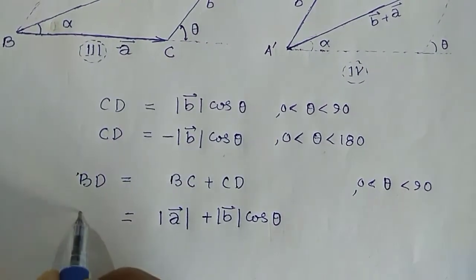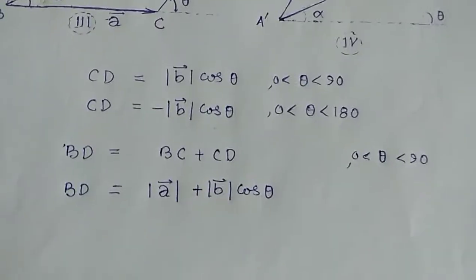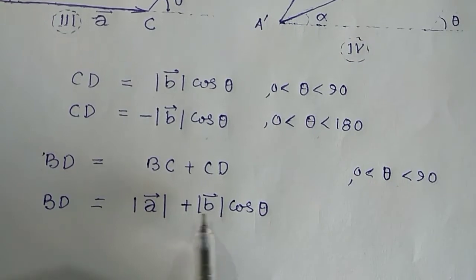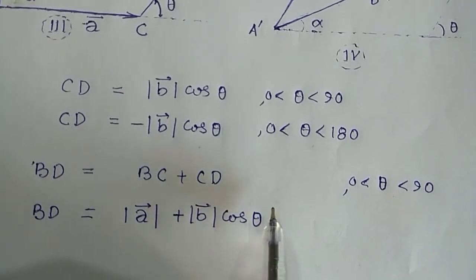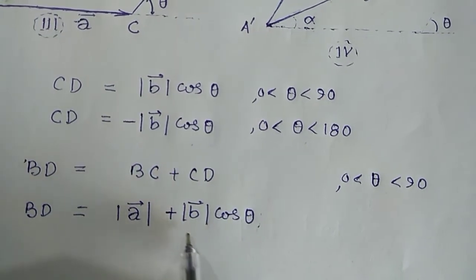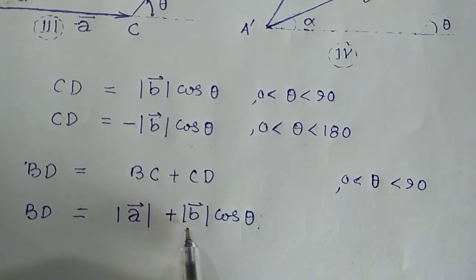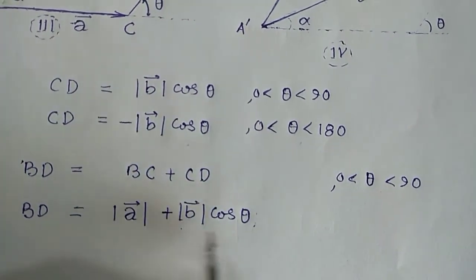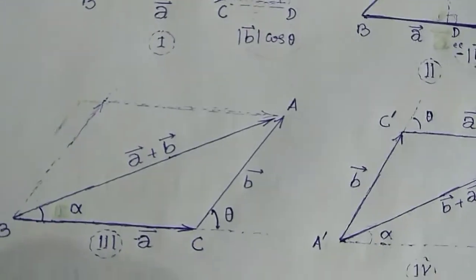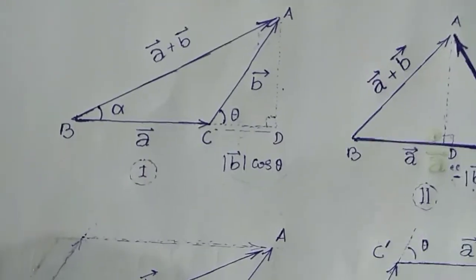Clearly, here you see that the BD length is greater than mod of A, because here the sum of some quantity will be positive. So obviously this must be greater than the modulus of A, which is true for figure 1.